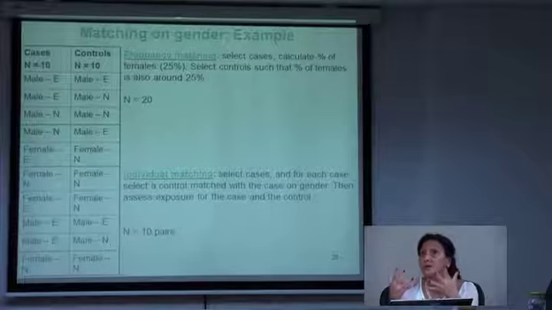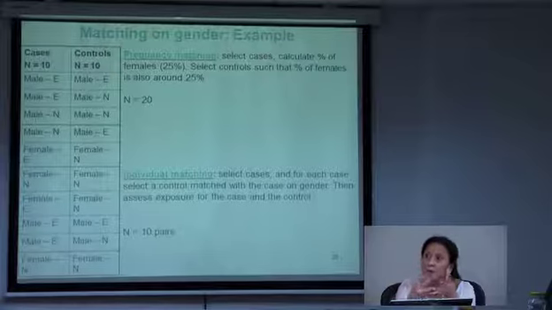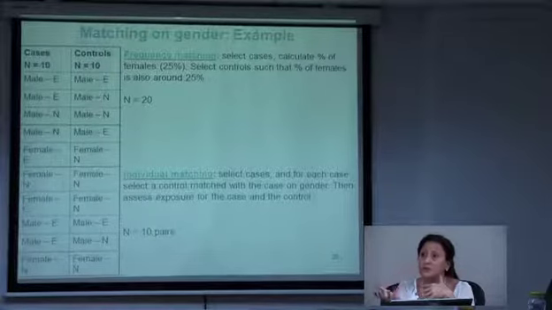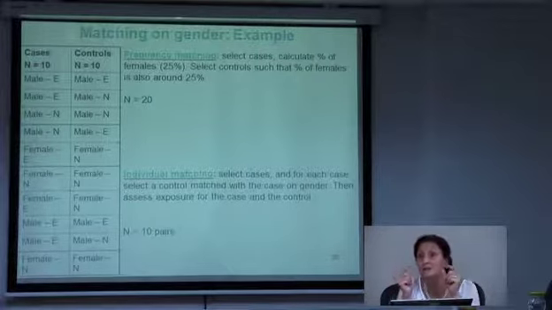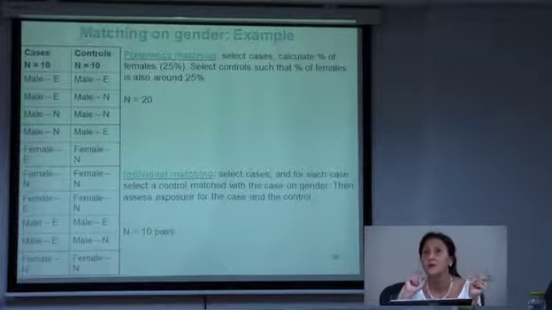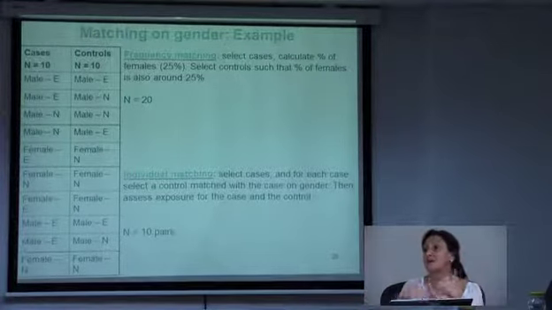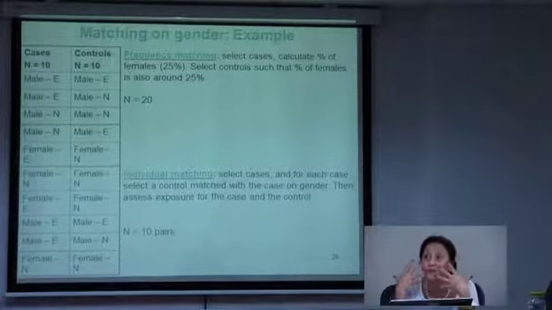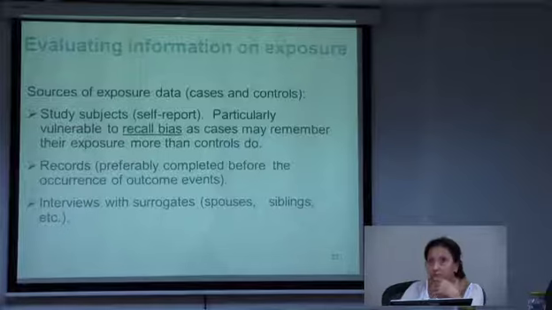You'd like to see more of the pairs where what? Your case is exposed or your control is exposed? Your case, for a risk factor. So you'd like to see pairs where your case is exposed while your control is not exposed, and not vice versa. This is what you want to look for and identify. And we'll see how we do the analysis later on.